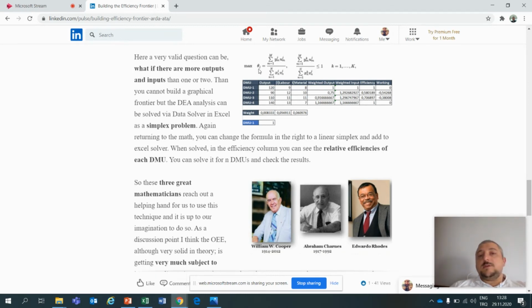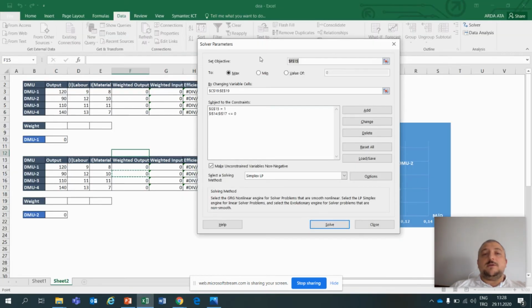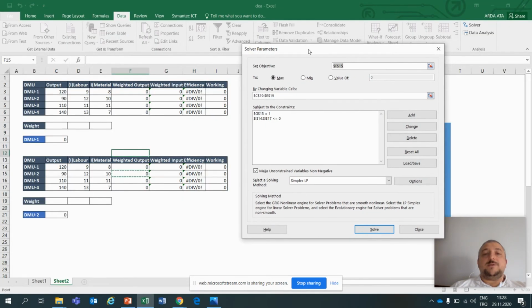It simply says maximize the output versus input, and just to make it linear, you change a little bit of these representations, and you will get this way of representing the simplex formula.